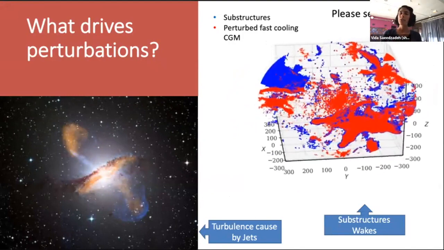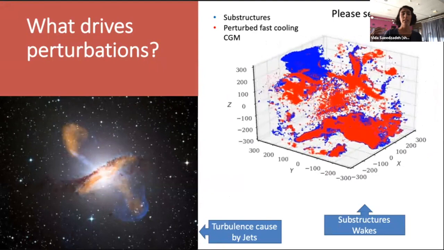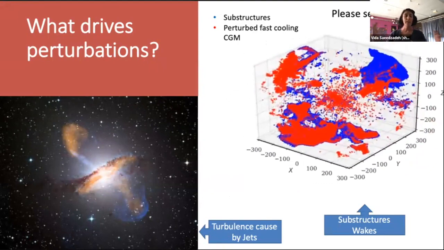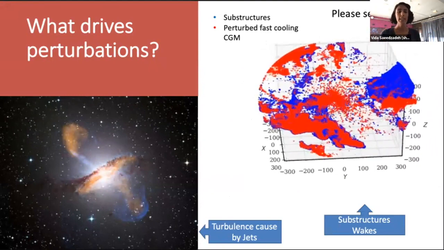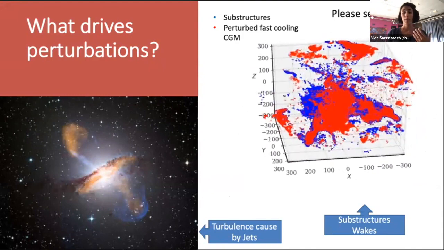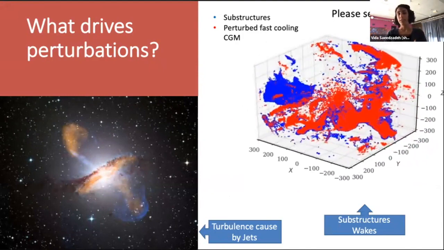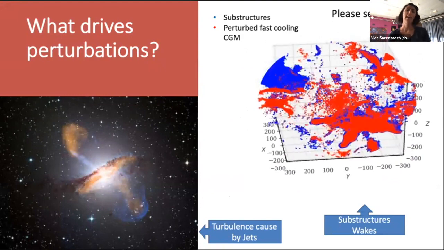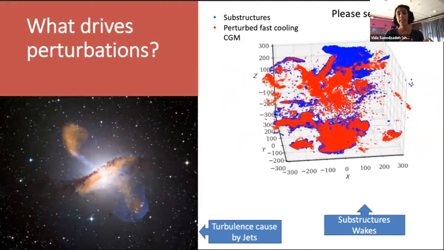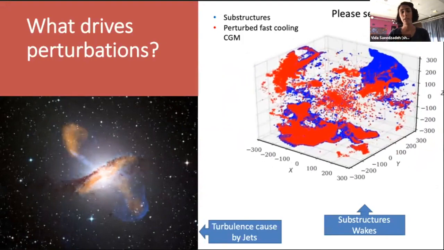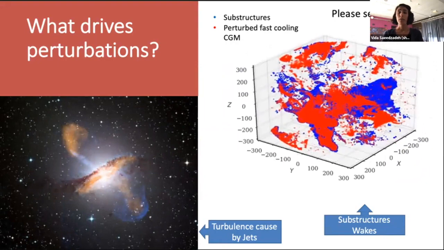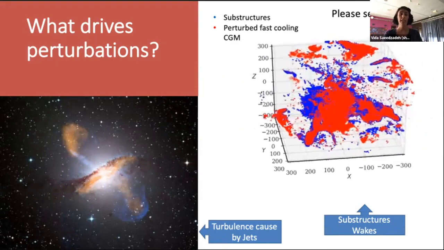But the question is, if we look at the cosmological simulations and take into account the effect of more physical processes that happen around the galaxy, will the result change? And the answer, from our results looking at the Romulus cosmological simulation, is that we see that the dominant source of the perturbations around the BCGs is actually coming from the structures and structure wakes.